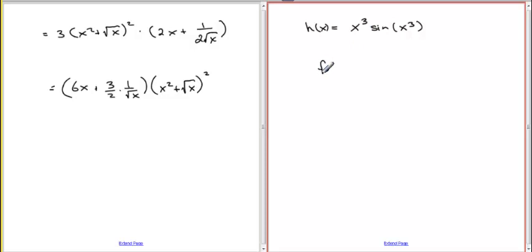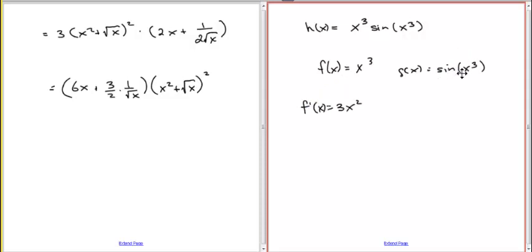So notice I used h of x again. So that's a product. So my first term would be x cubed. My second term in the product would be the sine of the quantity x cubed. So this one's simple because it's just a polynomial, so I can take the derivative of that easily.